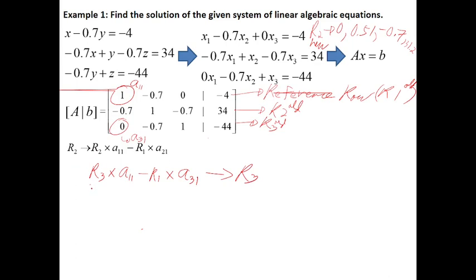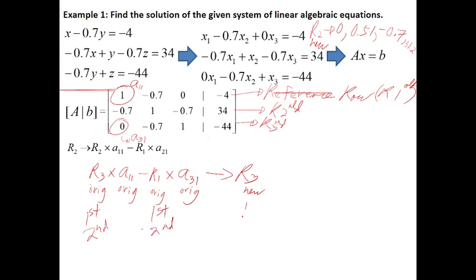So, R3, original elements. Okay, R1, original. Lahat yan original naman eh. Set yung new. Okay? So, tapos consider mo yung first. Yan. Ito, fix. Fix yan ha. A11, A31. First, then followed by second.